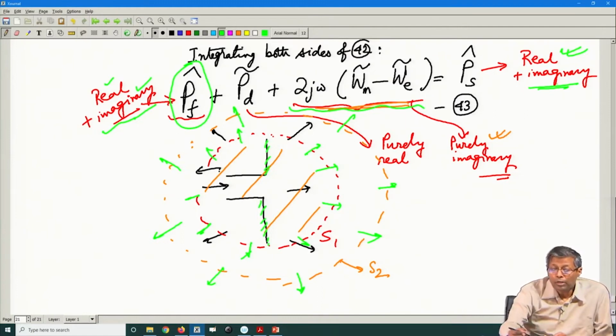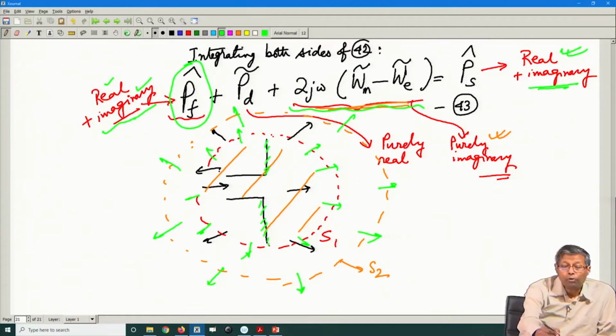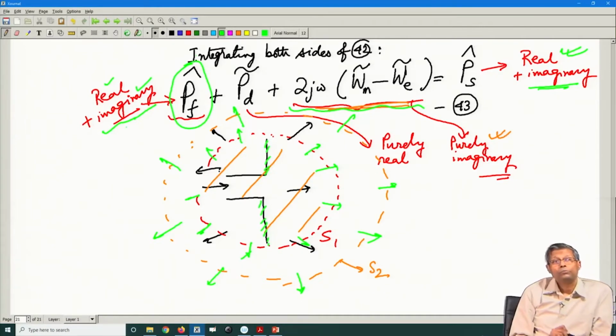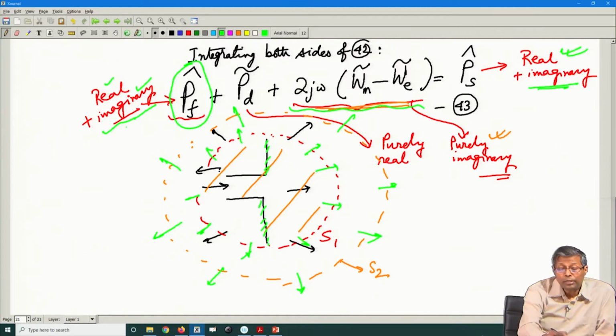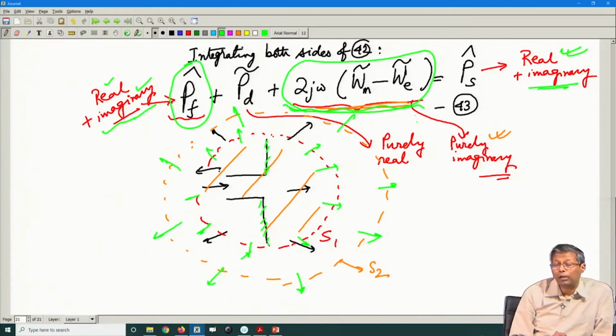As you go to increased radius, this power flow becomes purely real. The imaginary part slowly diminishes. If you were to increase the sphere to a limiting value, this value will saturate, and beyond that it is going to stay virtually constant.